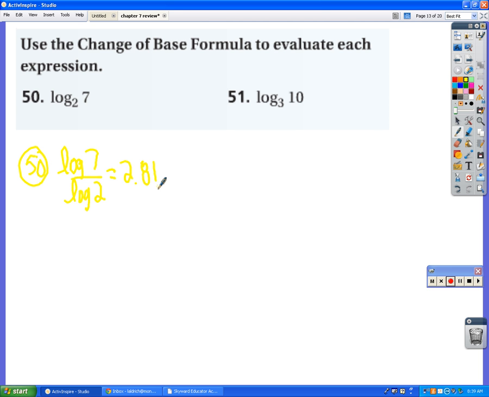What did you get, Tony? Did you close the parentheses when you did log 7? Okay, close your parentheses. Okay, 51, what would I type in the calculator? Good, log 10, close the parentheses, divided by log 3. So the bigger number always goes first? What if the base is bigger?